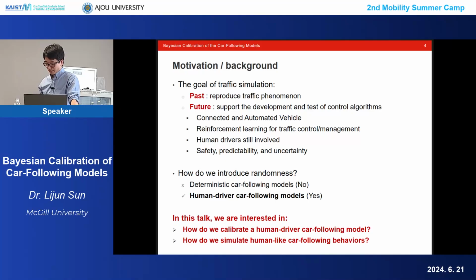The goal of this talk is to adapt our existing models. Our existing models are still there. We still trust them and leverage them. But the goal is simply to adapt these models a little bit to make them capable of more realistic human-driver car-following simulations.